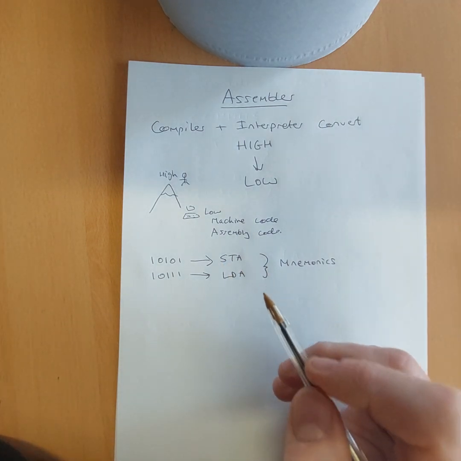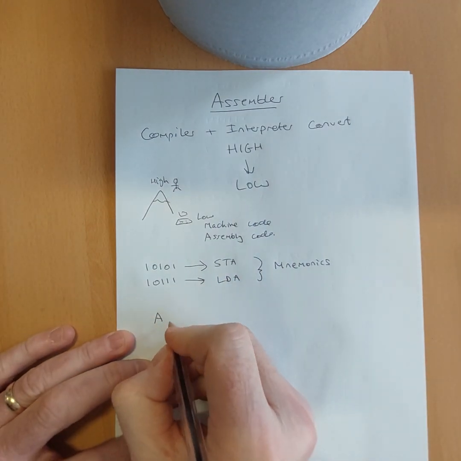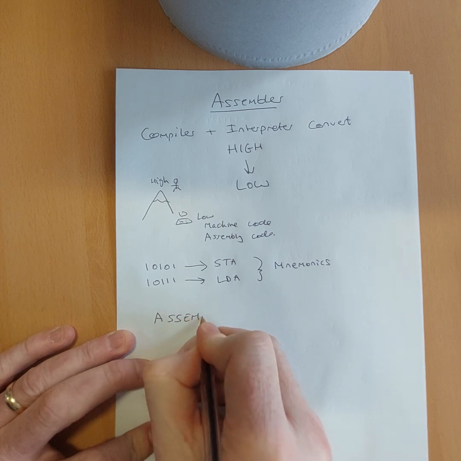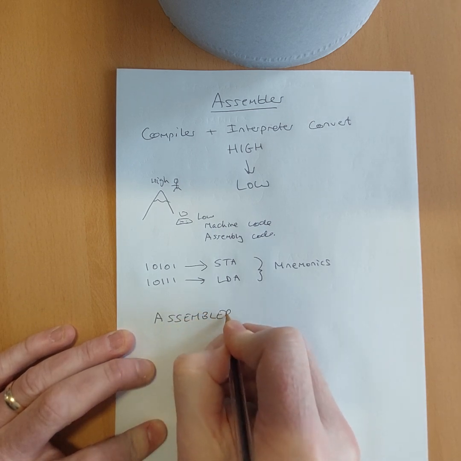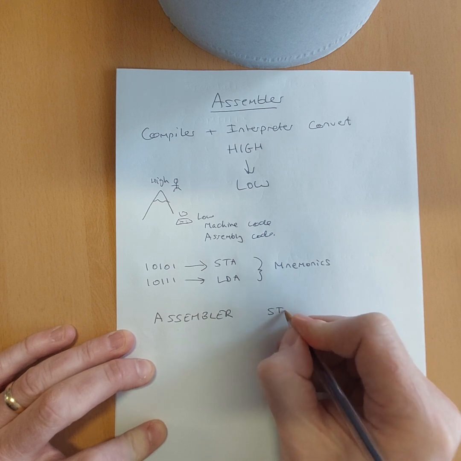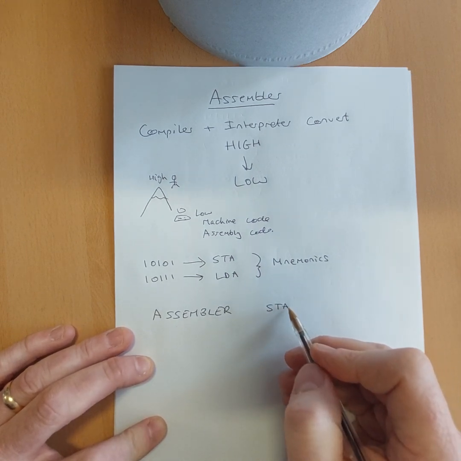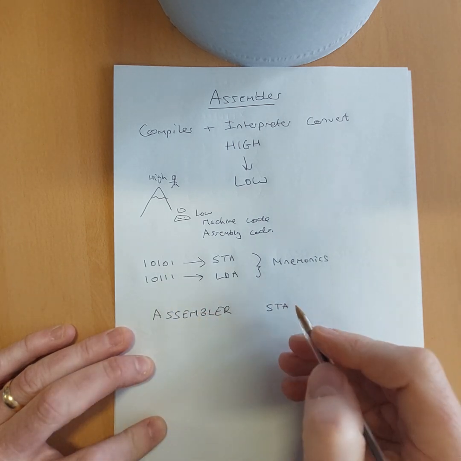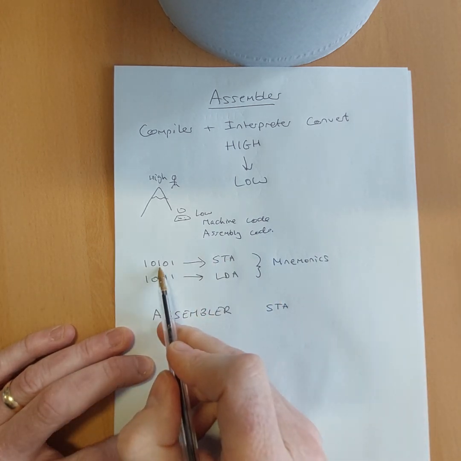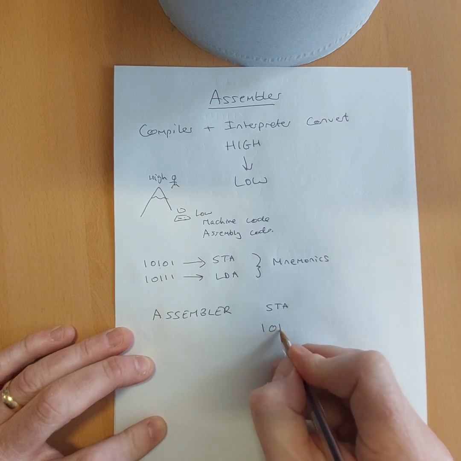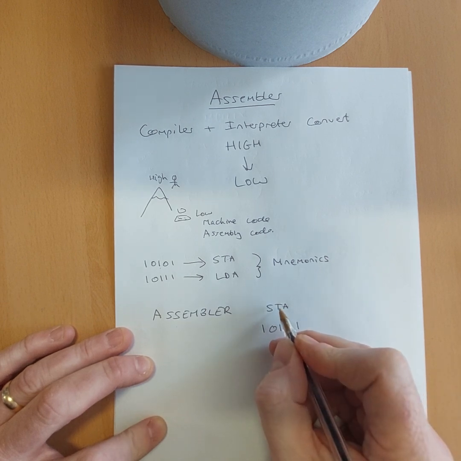Now, the assembler, which is the translator we're looking at here, simply takes the mnemonic that the human can write in, because that's easier for a human to remember than the binary, and it just looks up what the machine code would be. So it would look up, in our example here, that we've typed STA.